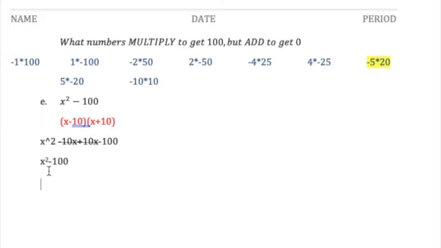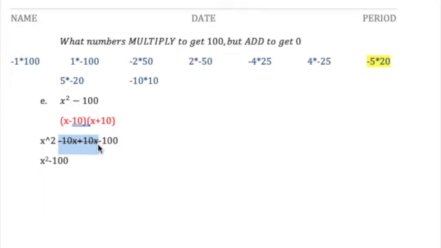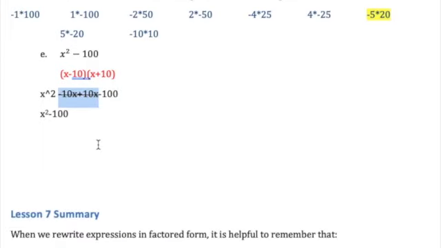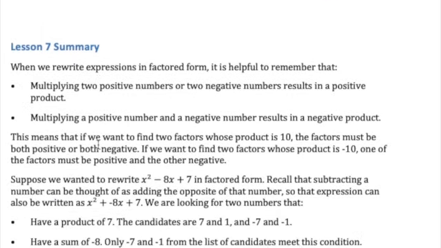So just be mindful in those cases that there is a b term and that b term is 0, or that linear term has a coefficient of 0, and that you need some numbers that multiply to get the negative but add to get 0. Okay? So, just to summarize real quick, when you multiply two positive numbers or two negative numbers, that results in a positive product.